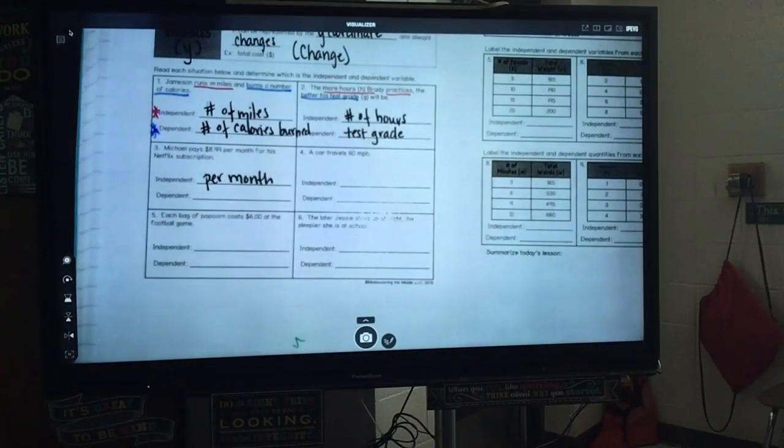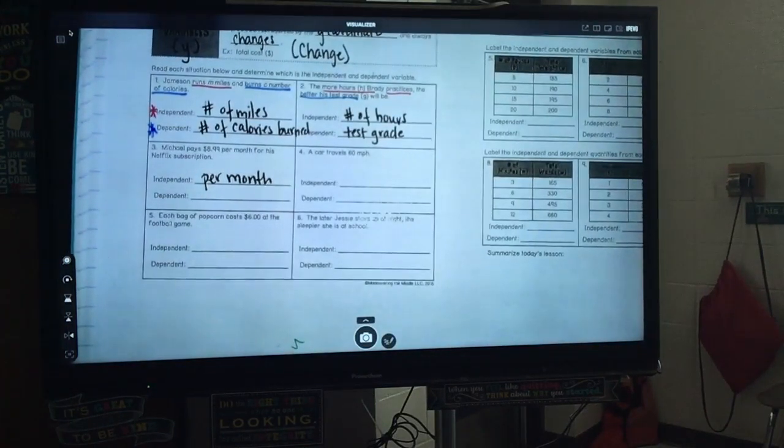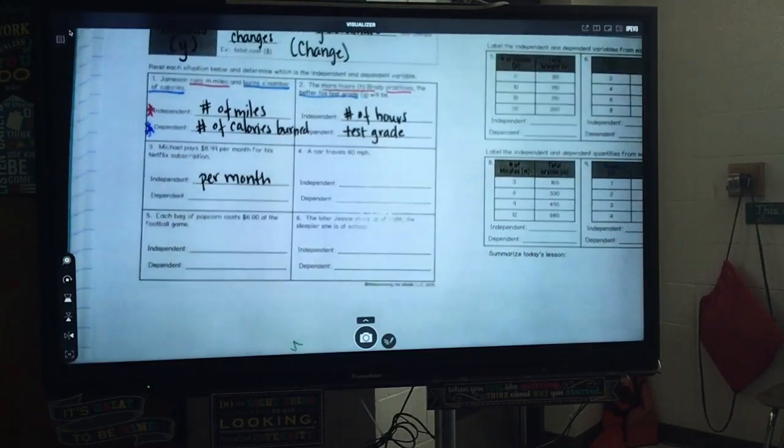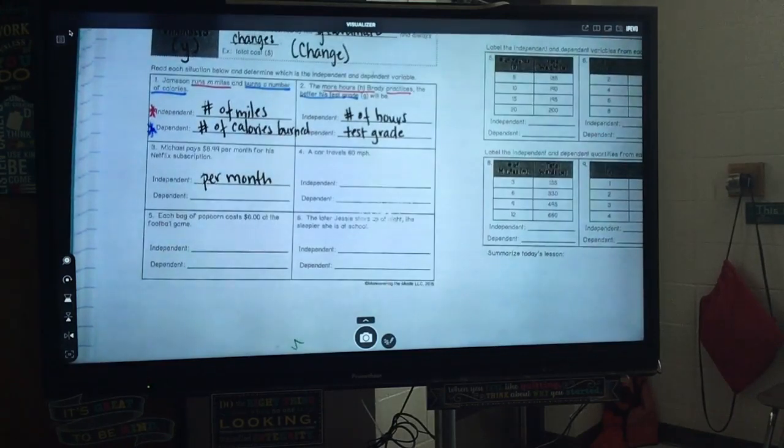What's the dependent? So if we know he pays $8.99 per month, and our independent should be the number of months that he's going to pay for it, what are we determining? What are we determining here?